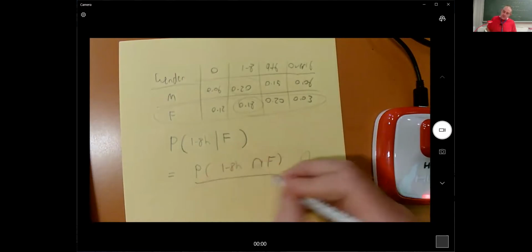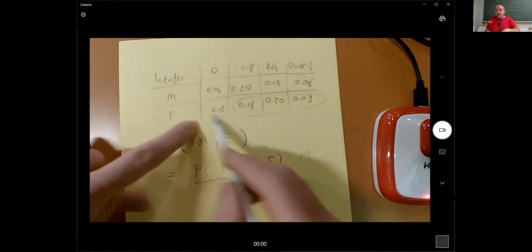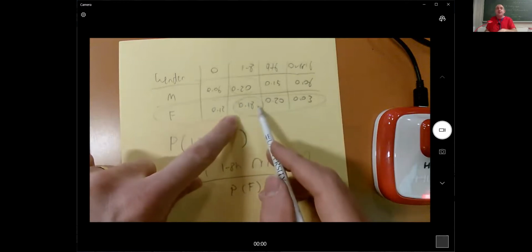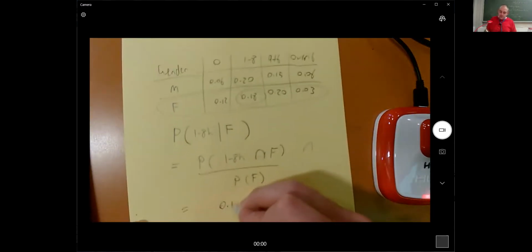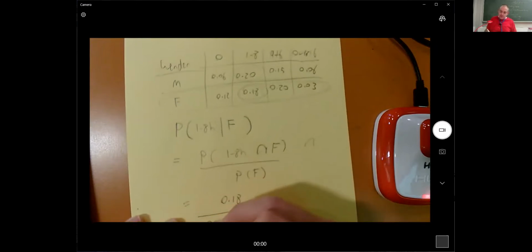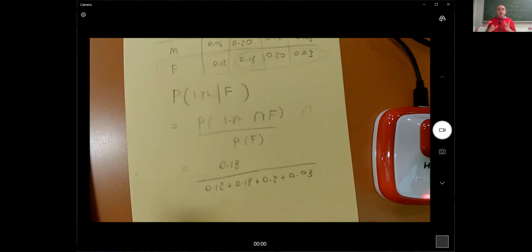And being female out of the total probability of being female. But just in terms of the picture, these are all the female students, and out of those, 18 of them are whatever. So this would be 0.18, and then there's 0.12 and 0.18 and 0.2 and 0.03. So whatever that works out to be is the probability.